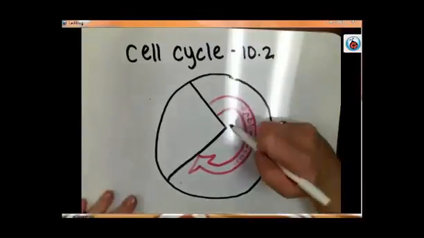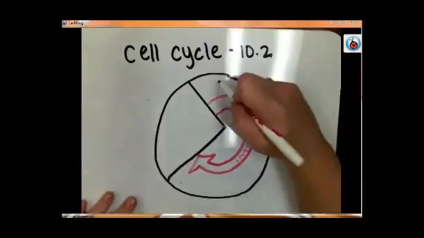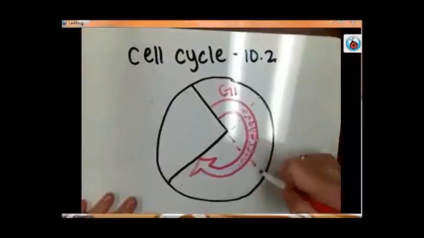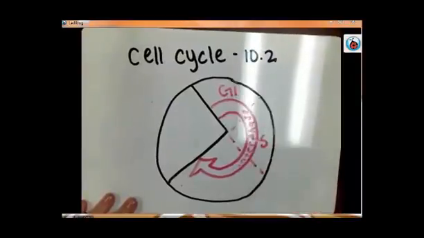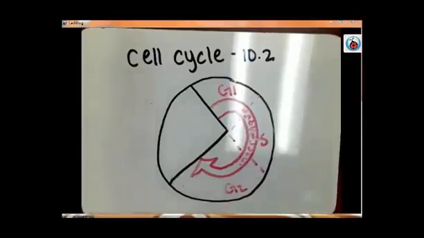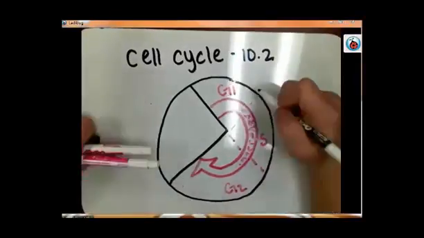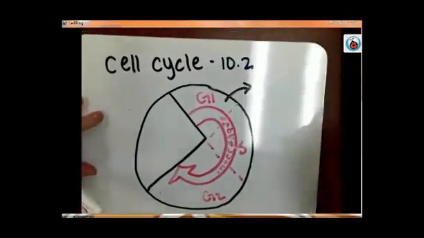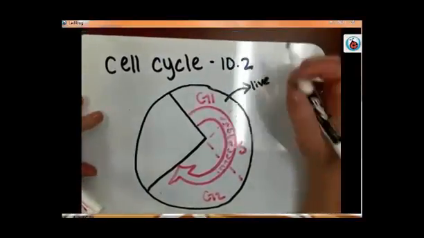The first one is G1. We then have the second one, which is S phase, and then our third one is G2. Now in G1 phase, what we're going to see is the cell is going to just perform its normal function. So it's just going to live the life of the cell.